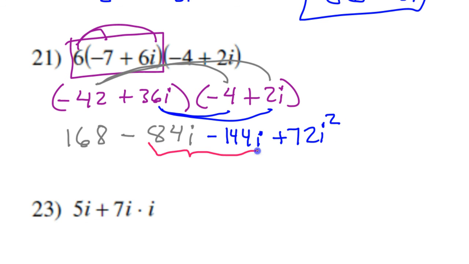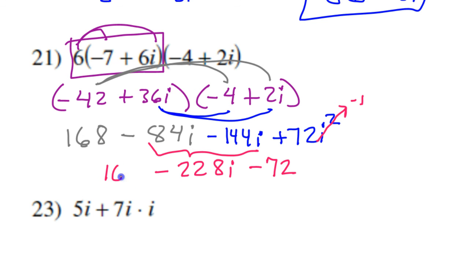All right, combine these like terms, and this is going to add up to be a big negative number. If we do 84 plus 144, I'm going to get negative 228i. Now remember that i squared is negative 1, so that's going to change this to a negative 72.